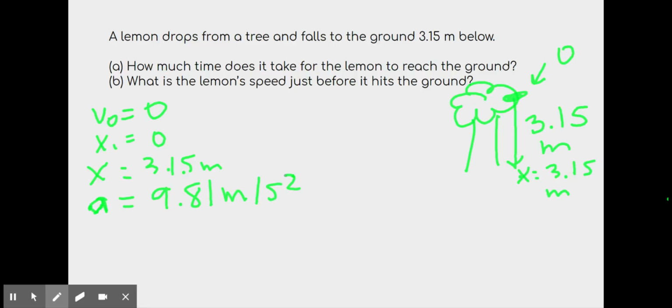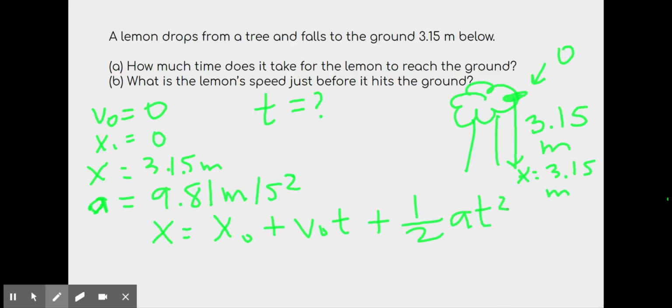Well, which equation relates v naught with x naught, x, and acceleration, when we need to find t, so t is our question? That is x equals x naught plus v naught t plus 1/2 a t squared.